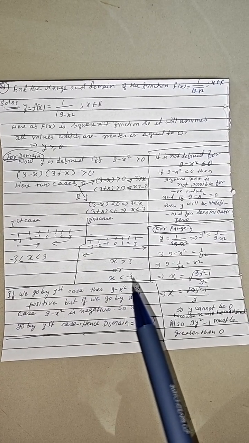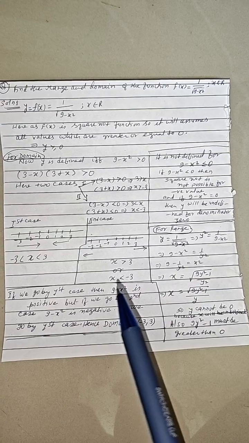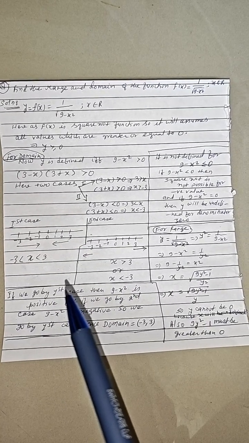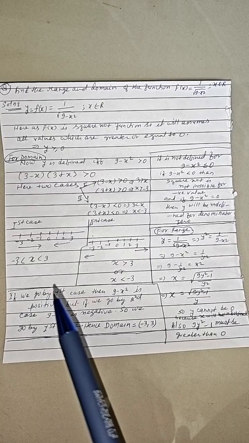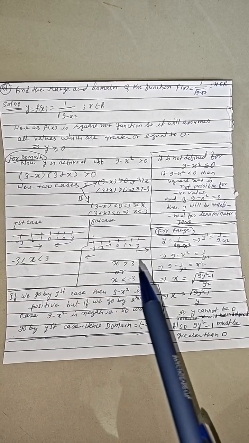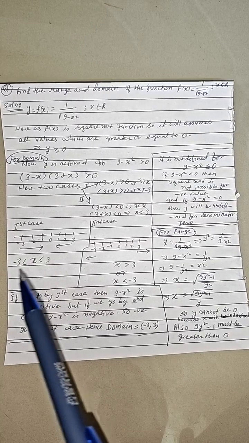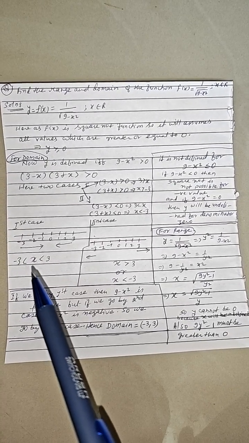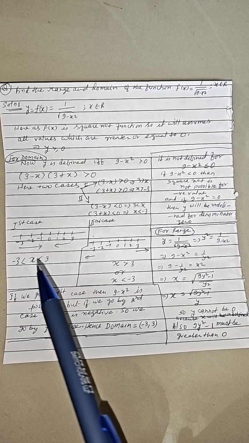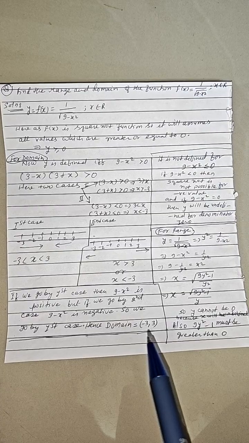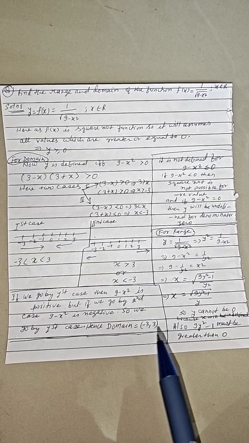Again, if you take a value less than minus 3, like minus 4, minus 4 whole square is 16, 9 minus 16 is minus 7, not defined. So these two cases are cancelled and the first is accepted. Here you can take 1, 2, 0.5, even x equal to 0, there is no problem. So the interval minus 3 to 3 will be the domain.